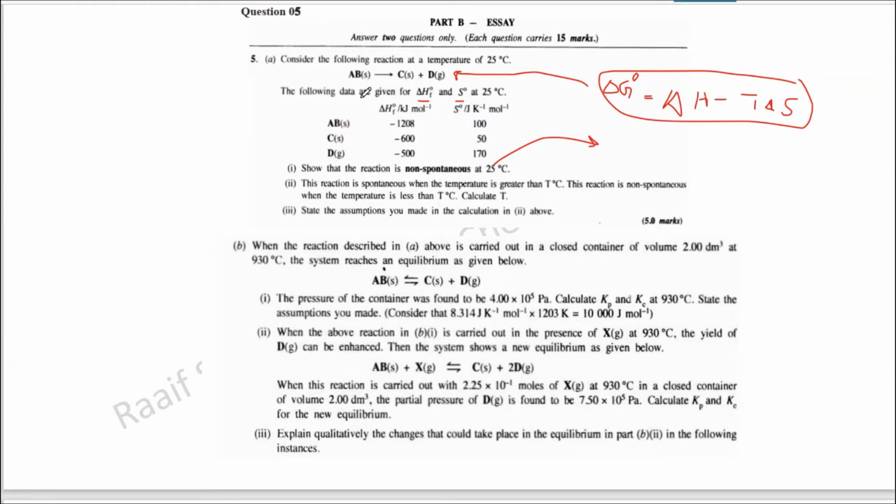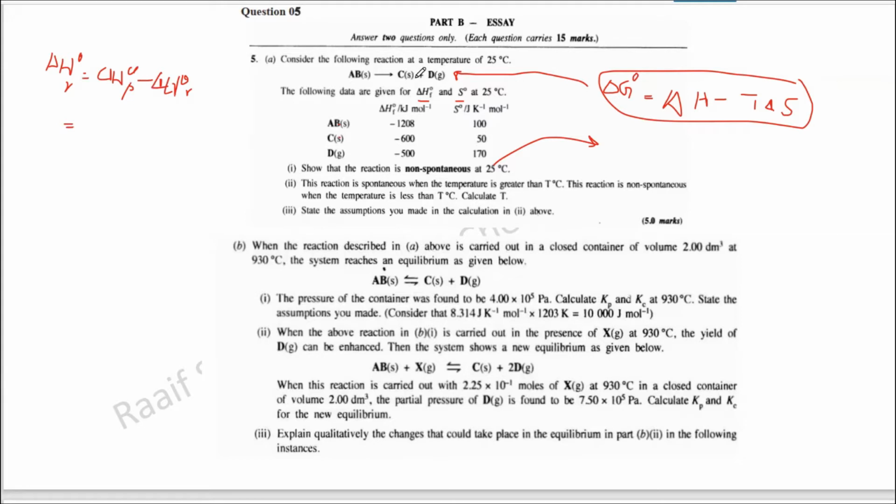So what you first have to do is write down this reaction and find delta H theta R, which is equal to delta H theta products minus delta H theta reactants. Okay, because they have given the values.